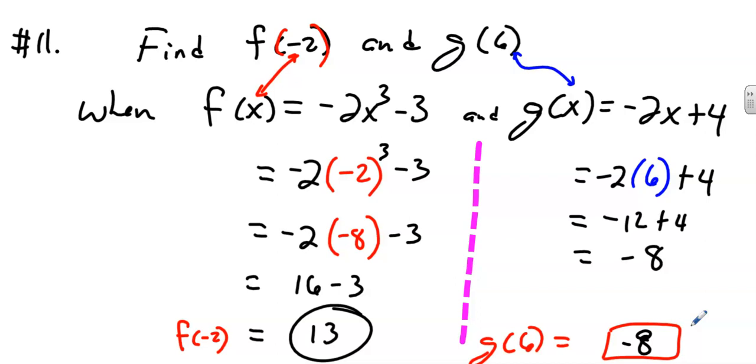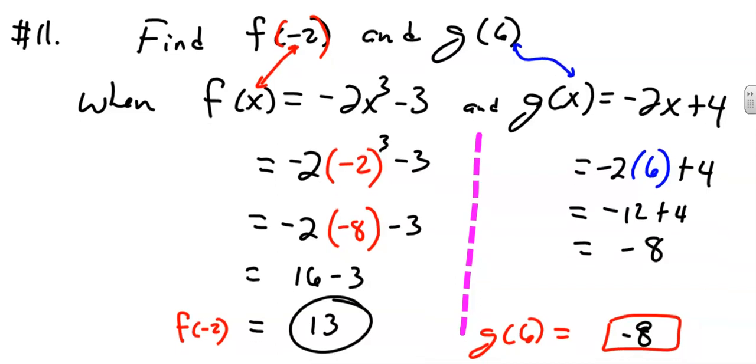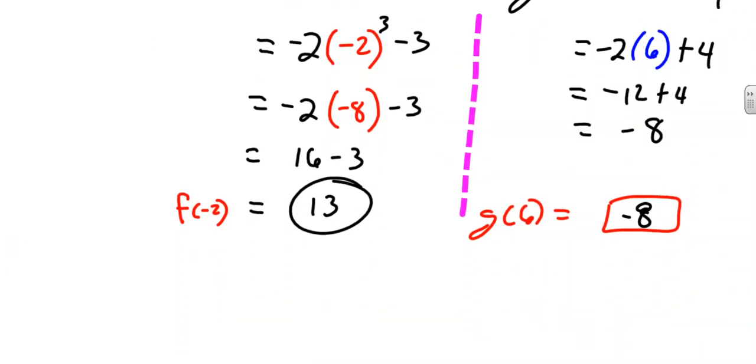So for g of 6, it should just be -8. Okay, and that's the only function question I think that pops up here.